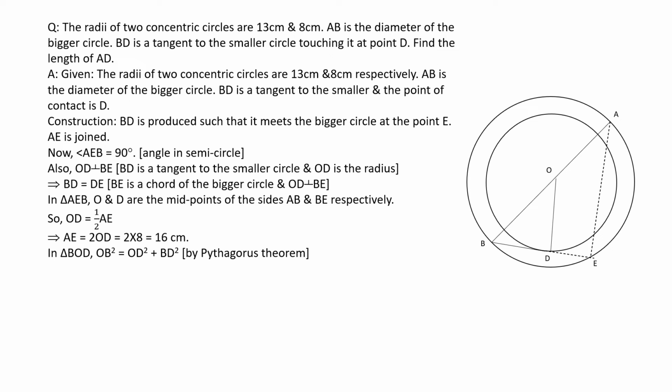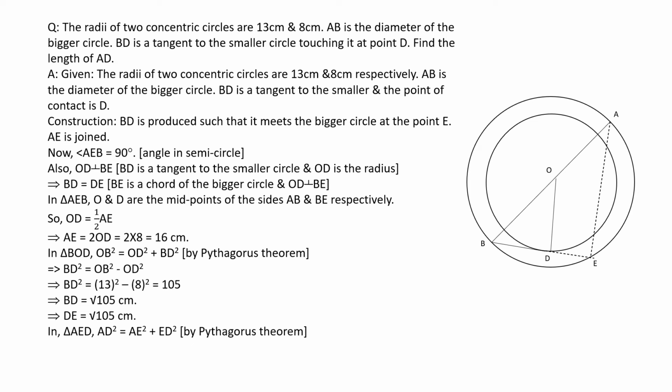Now in triangle BOD, OB square equals OD square plus BD square by Pythagoras theorem, or BD square is OB square minus OD square. Putting the values we get 13 square minus 8 square, which is 105, or BD is square root of 105. BD equals DE, so DE is also equal to square root of 105 centimeter.